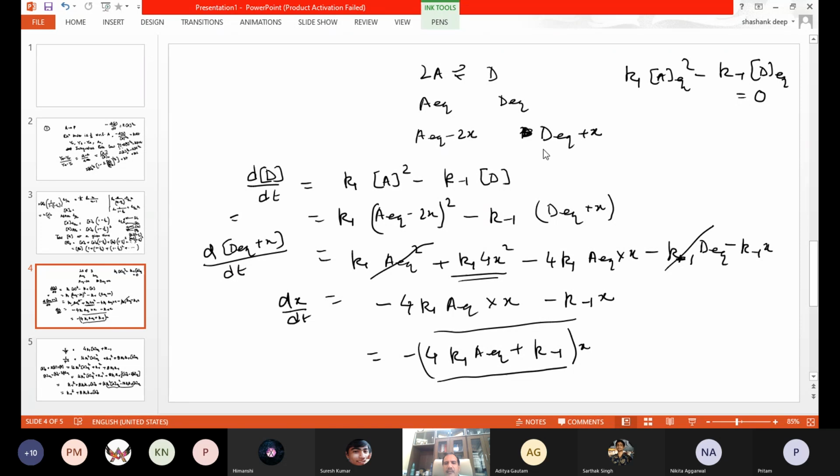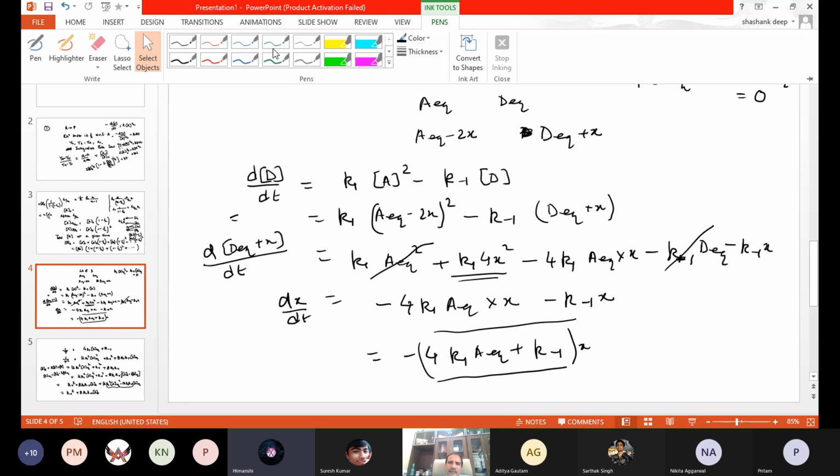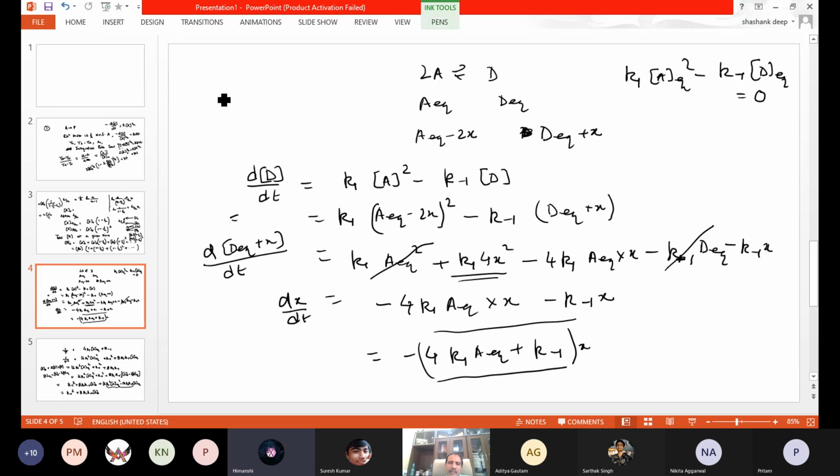It is basically A equilibrium plus 2D equilibrium. Right? Yes. So if D equilibrium is 0, then that is equal to it simply. So that's why it is expressed like that.